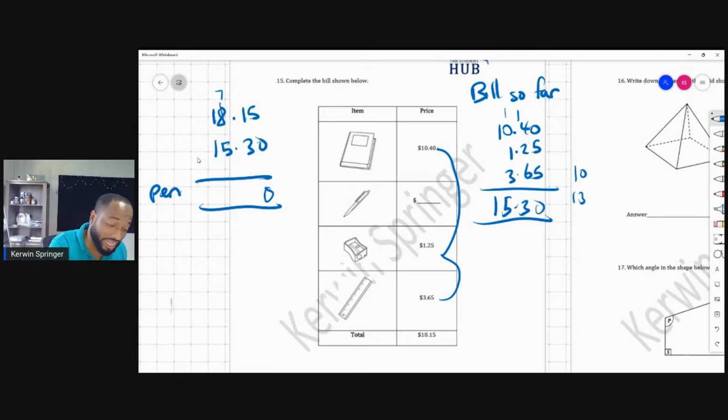Good thing this is an online class, so don't worry if I have corona or anything. 0 from 5 is 5. And then 3 from 11 is 8.